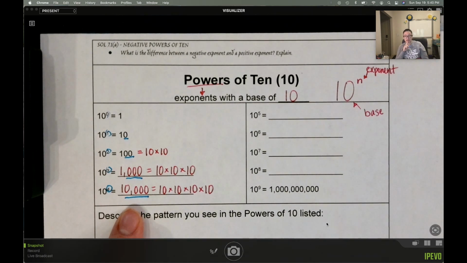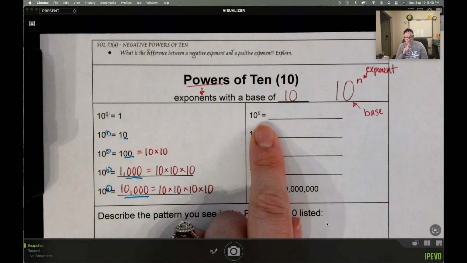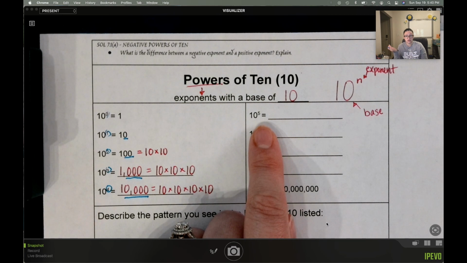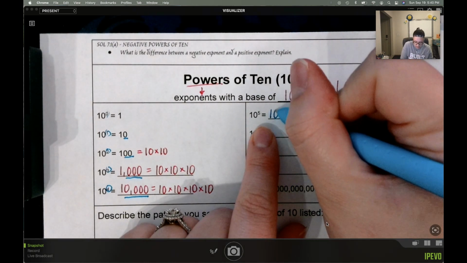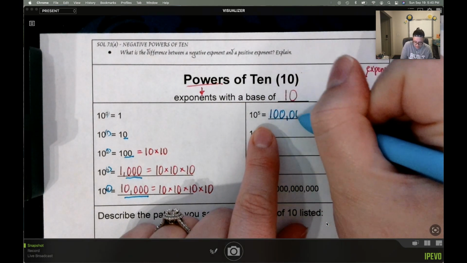So just from looking at that pattern, how many zeros are going to be in my answer on 10 to the fifth? How many zeros there? 5 zeros, because I'm multiplying 10 5 times.